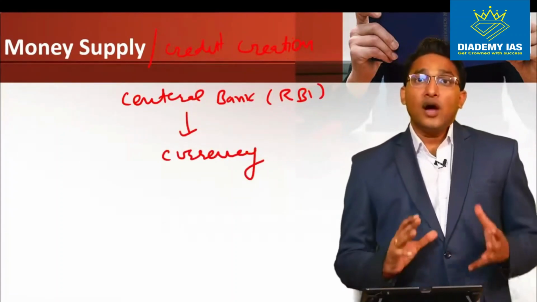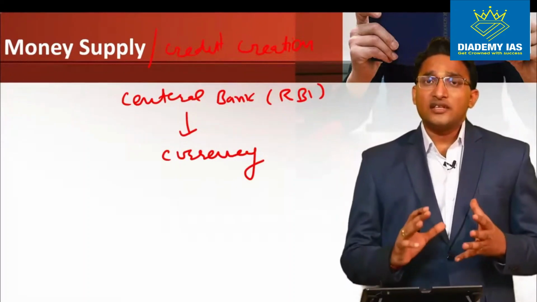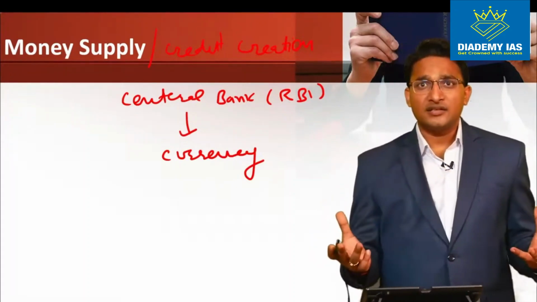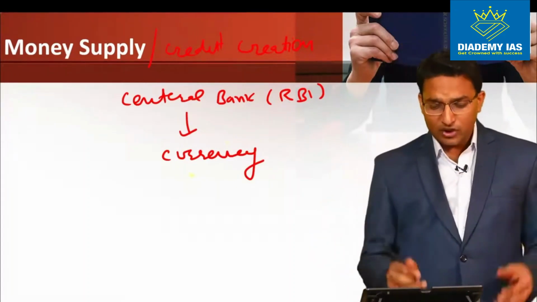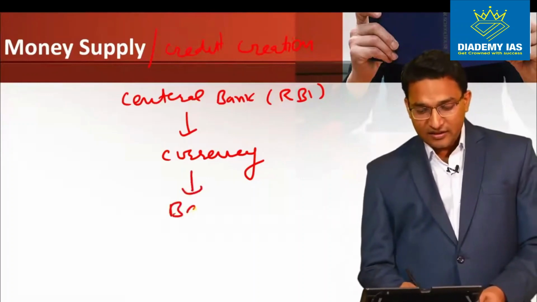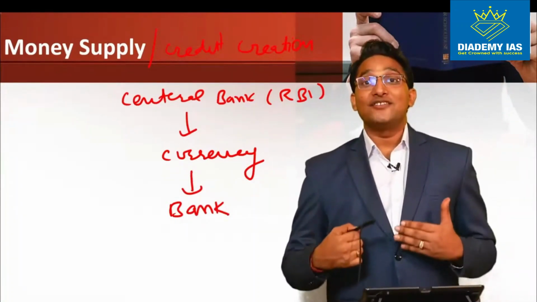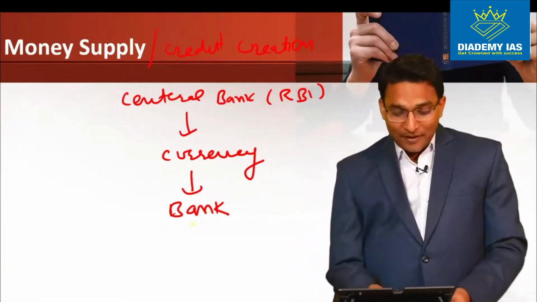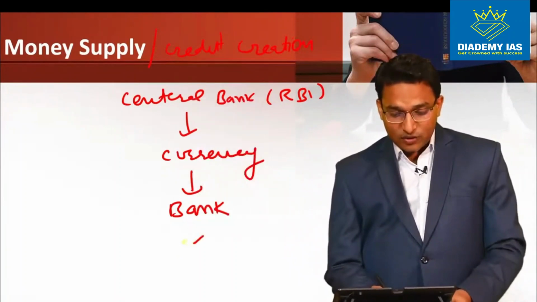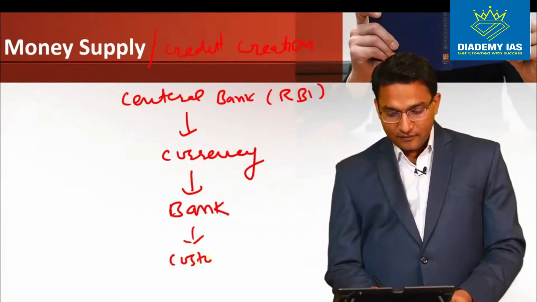Now this currency is issued to whom? Who gets this currency? The institution who gets this currency is no one but the bank itself. So different banks receive this. Now they give this currency to the customers.